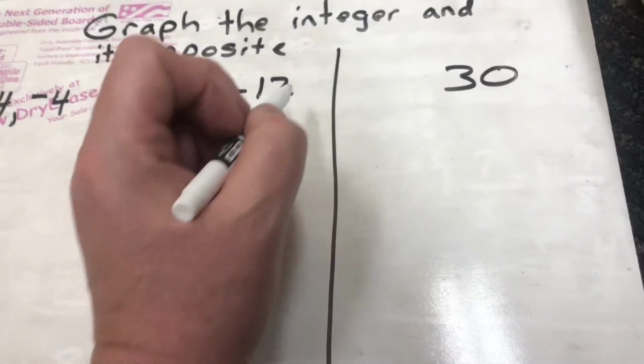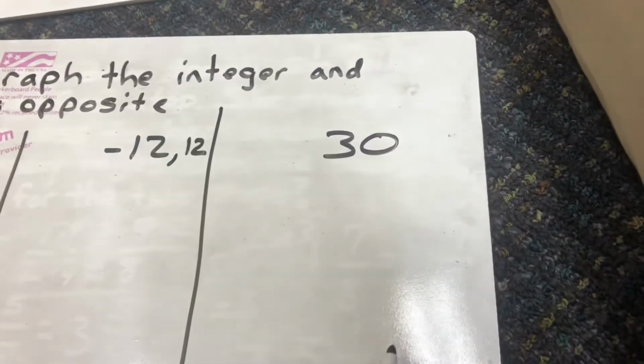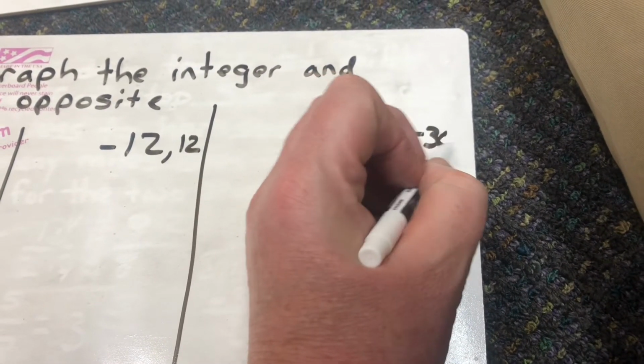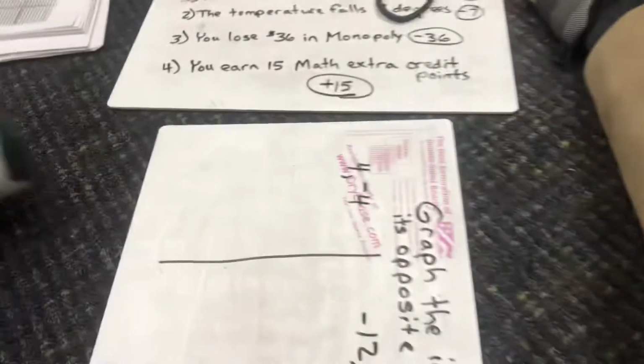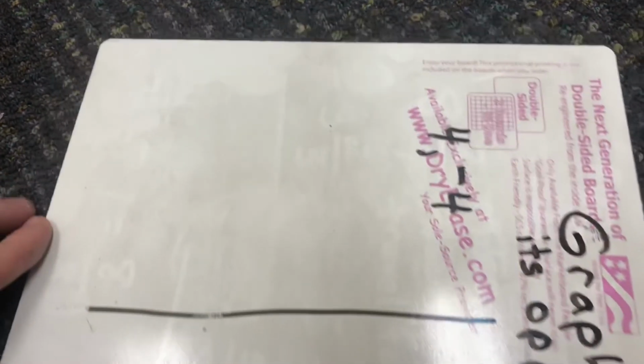Next is -12. Its opposite would be +12. Then 30. Its opposite would be -30. I'm going to turn these sideways when I make the graph because I want to have a little more space. For this first one, we're dealing with 4 and -4.